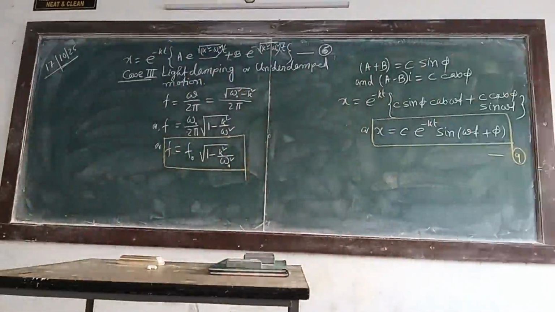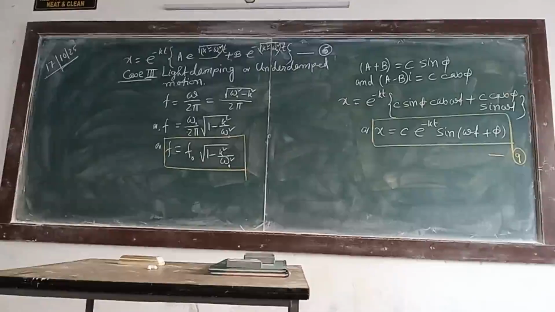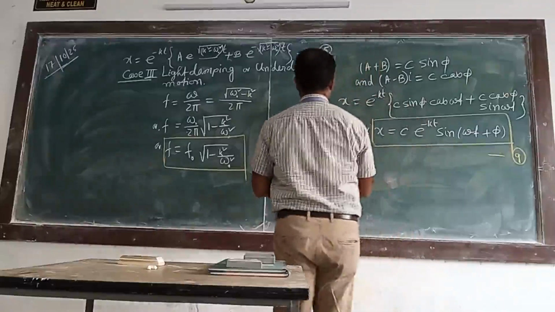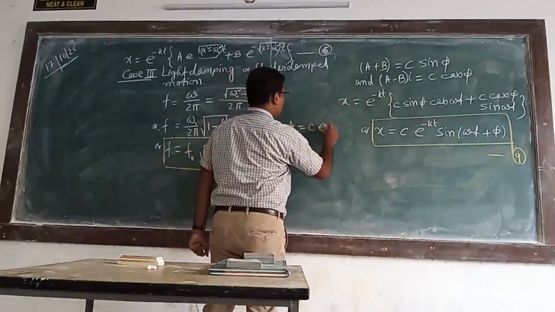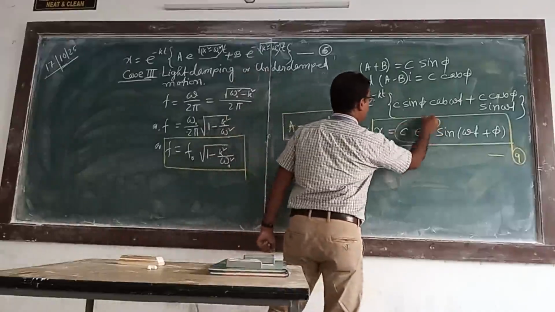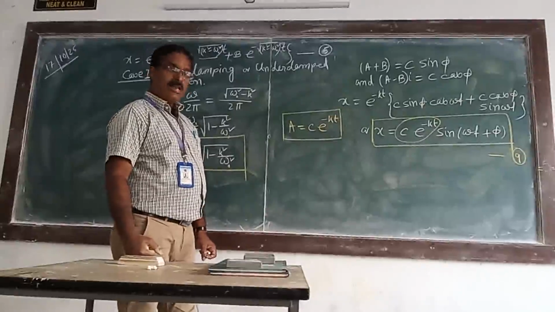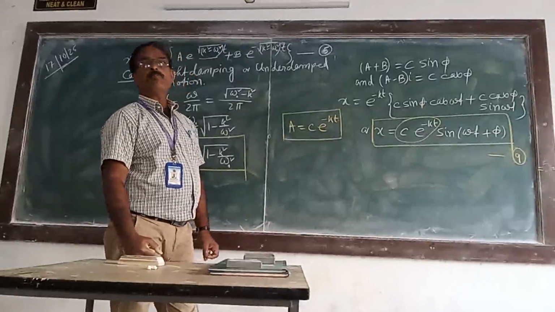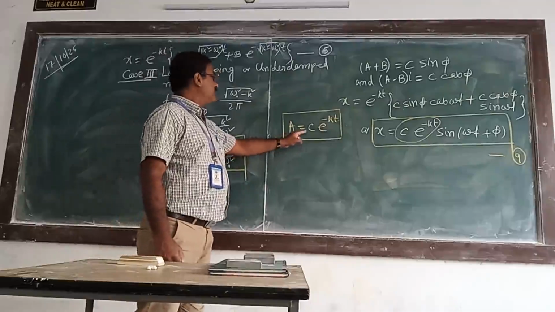This is the frequency of the damped oscillatory motion, and the amplitude is A equals C e to the power minus kt. In simple harmonic motion x equals only a sin omega t plus phi, but here it is c e to the power minus kt.